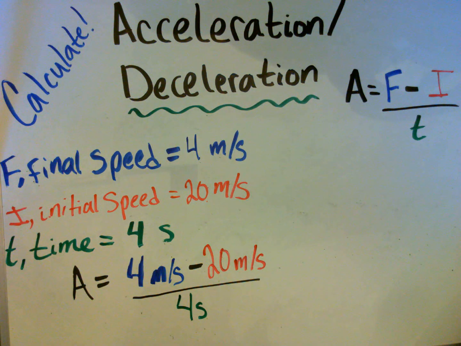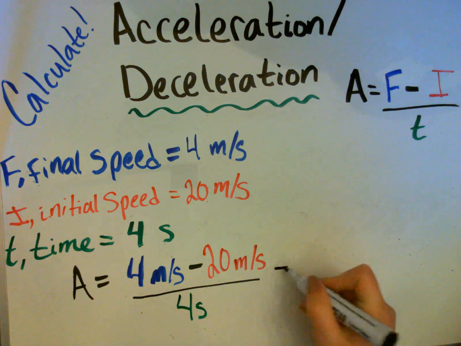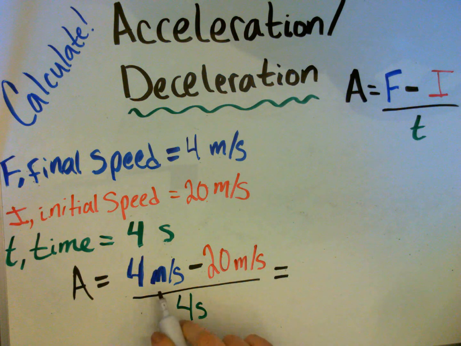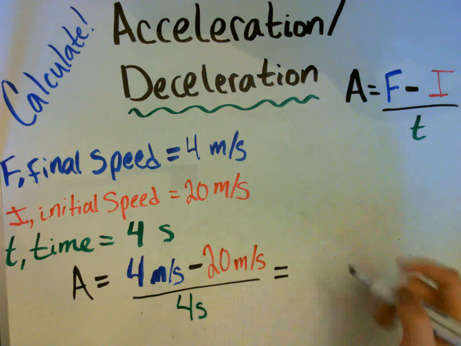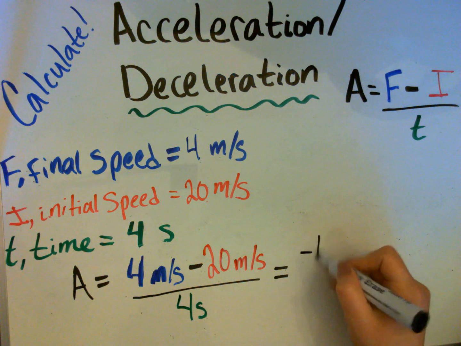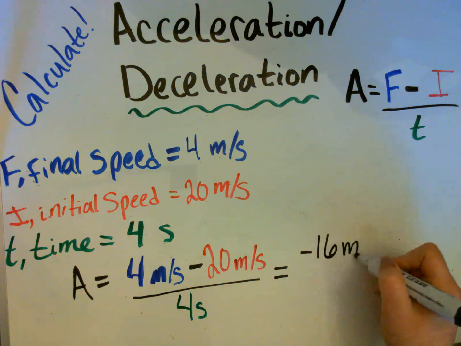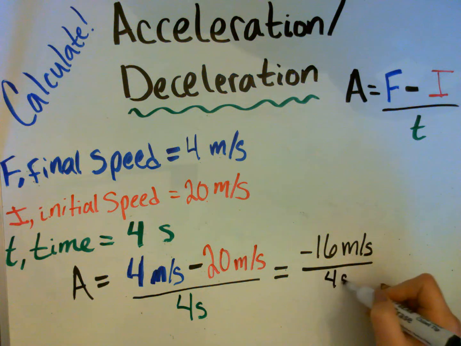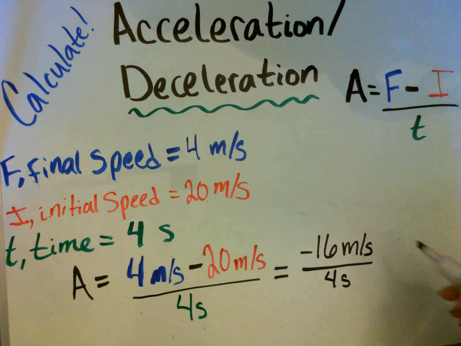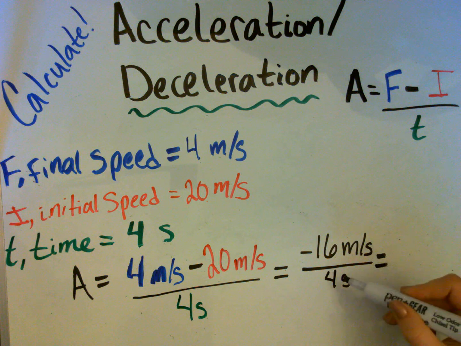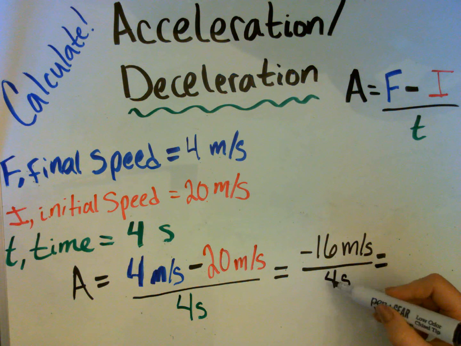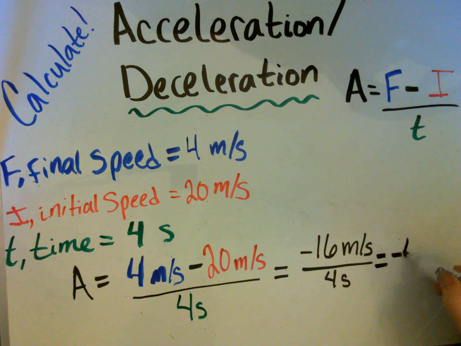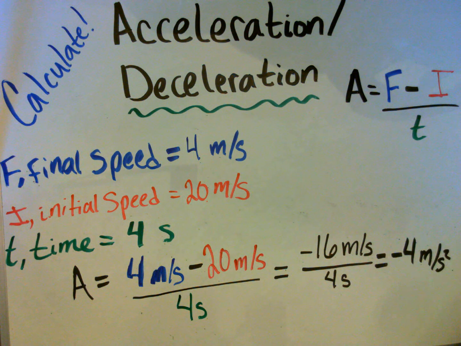All right, welcome back. How did it go? Were you able to say that 4 meters per second minus 20 meters per second equals negative 16 meters per second, all divided by 4 seconds? Were you then able to simplify that even more, knowing that negative 16 divided by 4 is negative 4 meters per second squared?